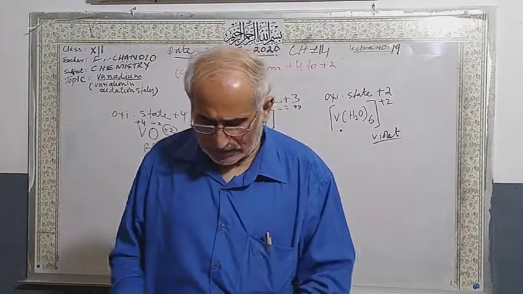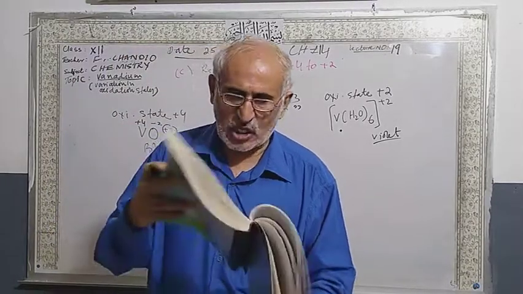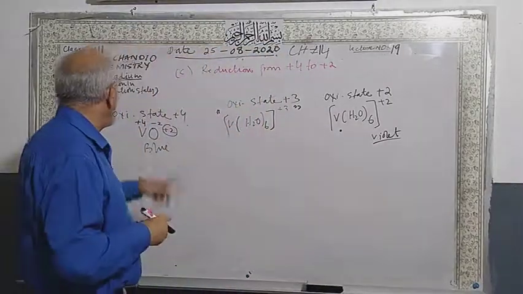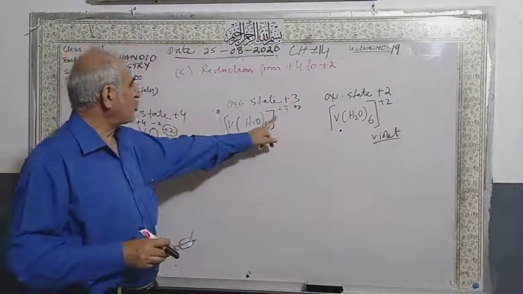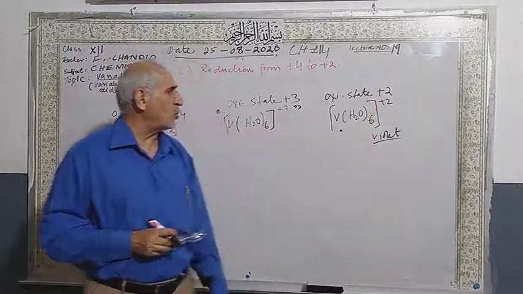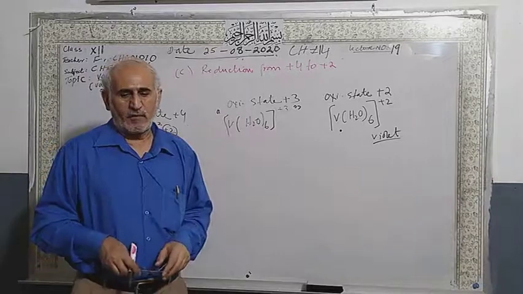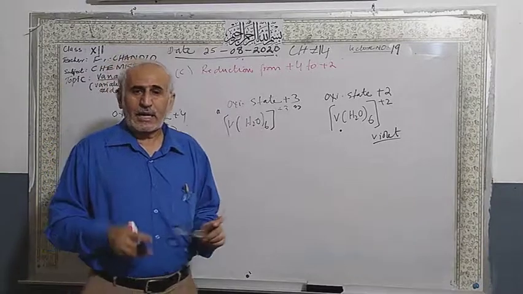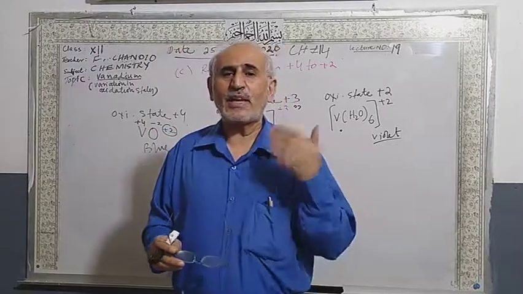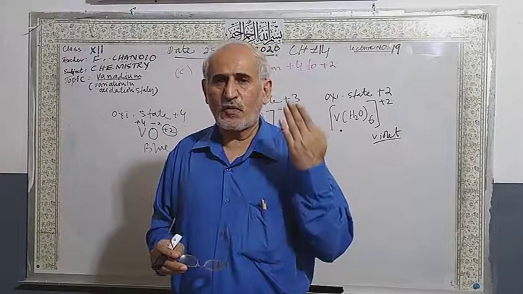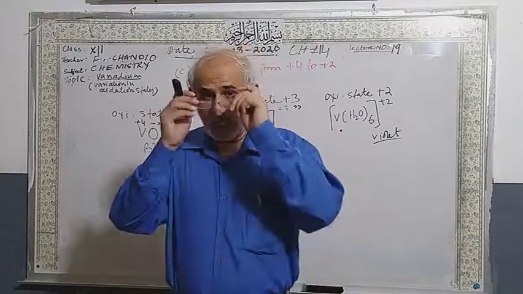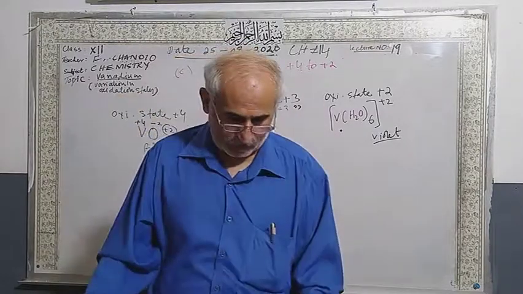So dear students, this is the change of oxidation state: vanadium positive 4 passing through an intermediate and finalizing at the positive 2 oxidation state of vanadium. And it is very important, as written here, that the nature of the color of the complex depends upon the nature of the acid you added.